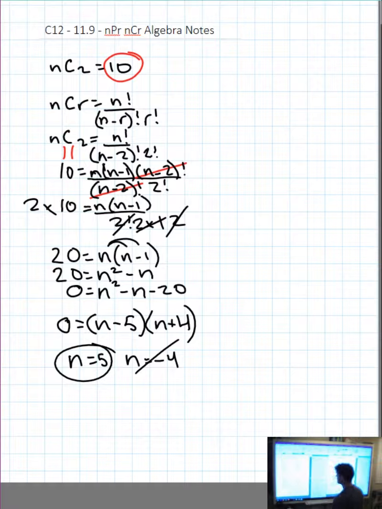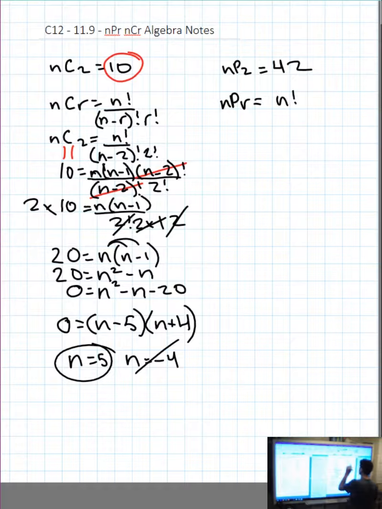Another example, seen off to the right, NP2 is equal to 42. So I'm going to write the formula. NPR equals n factorial over n minus r factorial. And I can substitute in.